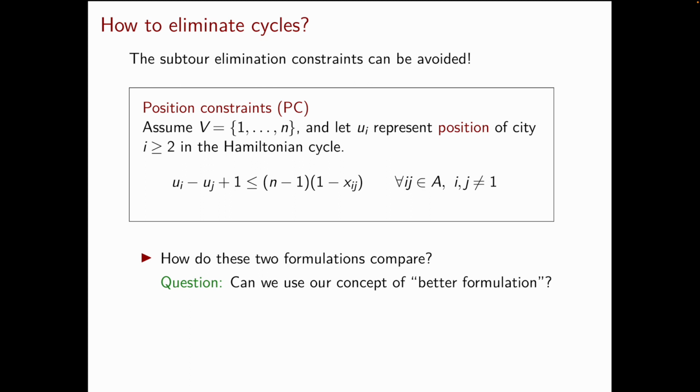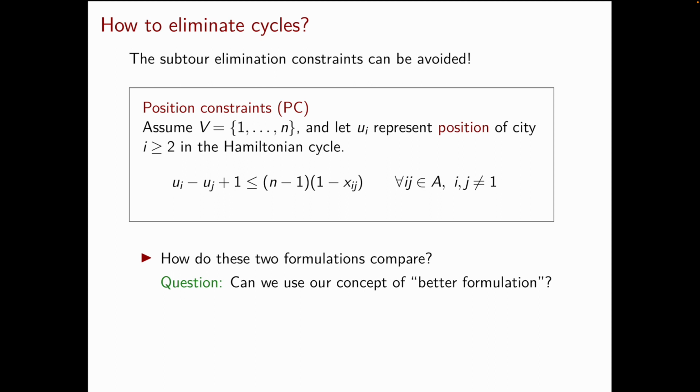However, it's not really directly applicable to this setting. The reason is that our 2 formulations here live in different spaces. Both of them have variables xij for every arc ij, but our second formulation, the one that uses the position constraints, also has the additional variables ui.